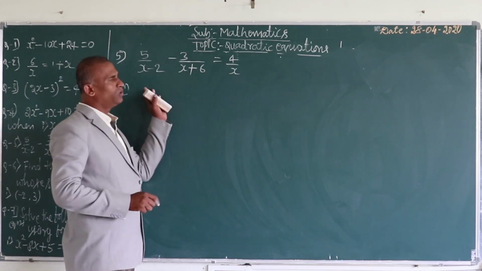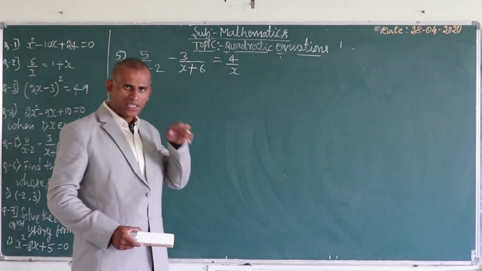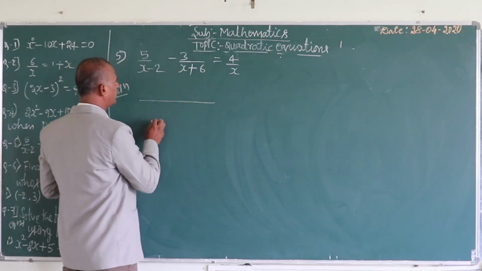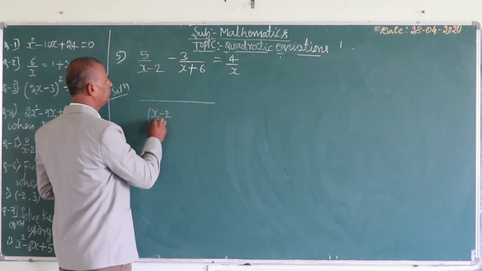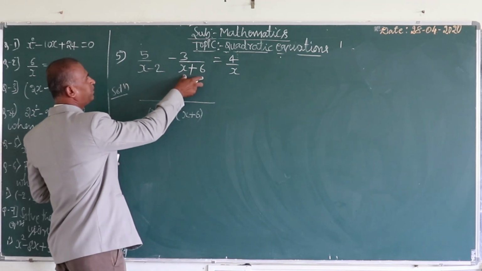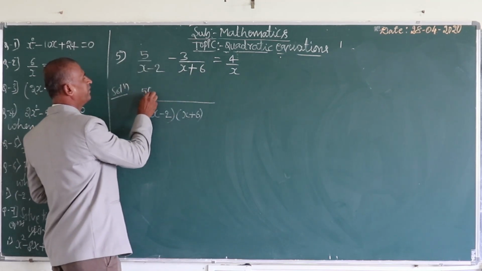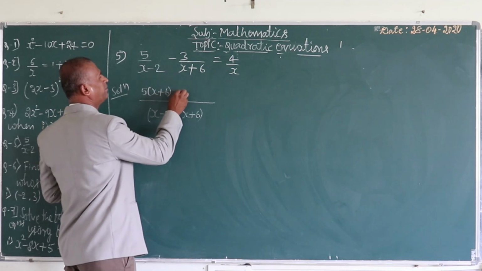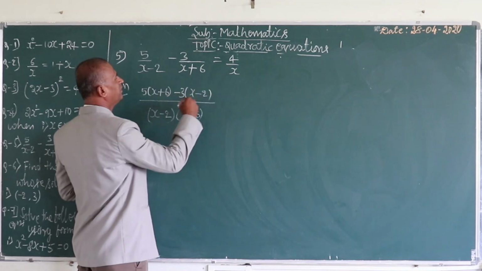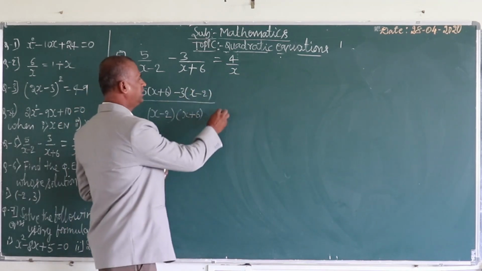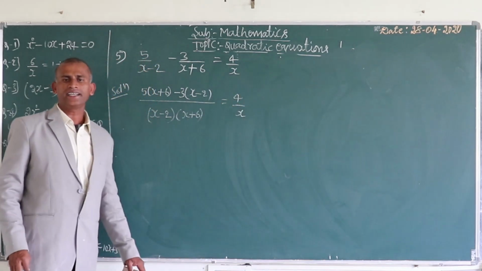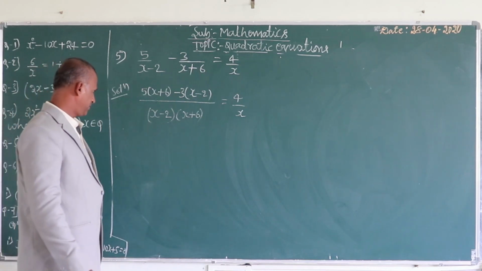Here both the denominators are binomials, so you can write down their product: x minus 2 into x plus 6. This x plus 6 we multiply to 5, minus 3 into this x minus 2, we multiply to 3. The 4 by x we write as it is.